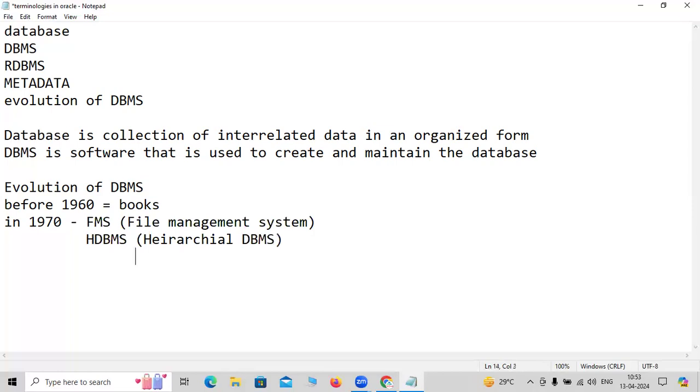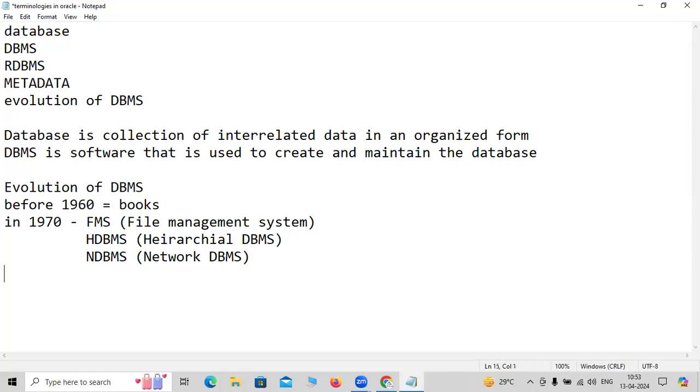So next also after this came NDBMS, that is network database management system. So this hierarchical DBMS and network DBMS, they have some flaws. So these were not so popular afterward.